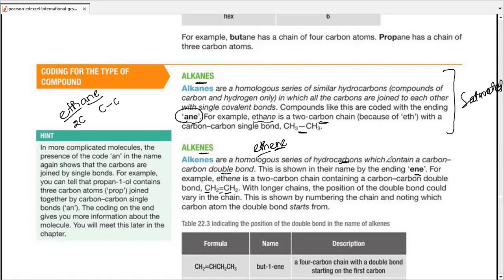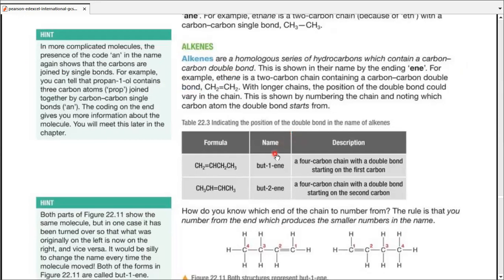So the double bond can be in different points in the longer chains. Take a look at the longer chains. This one is butene. Bute means 4 carbon atoms, and ene means there must be a carbon-carbon double bond.